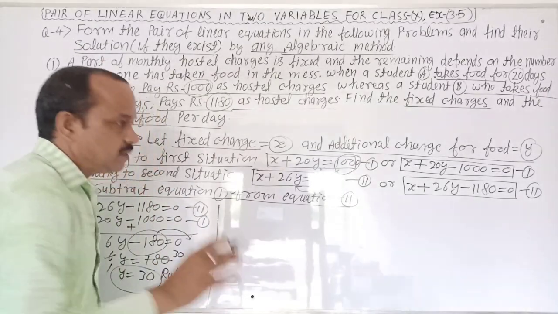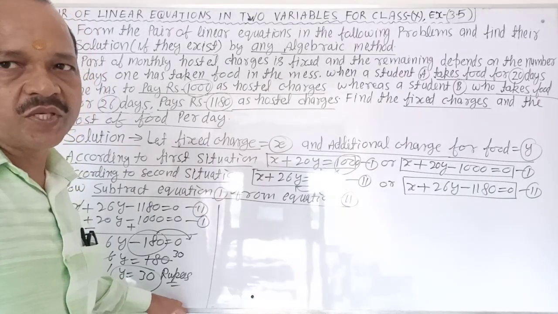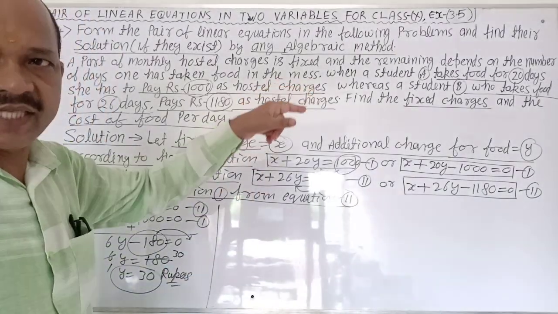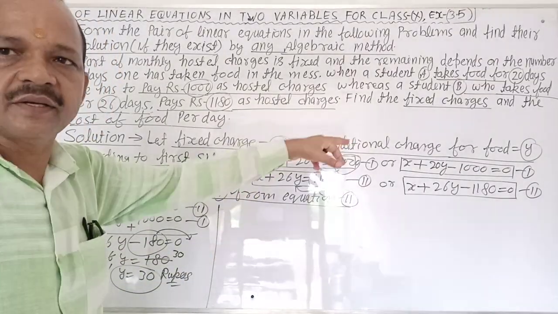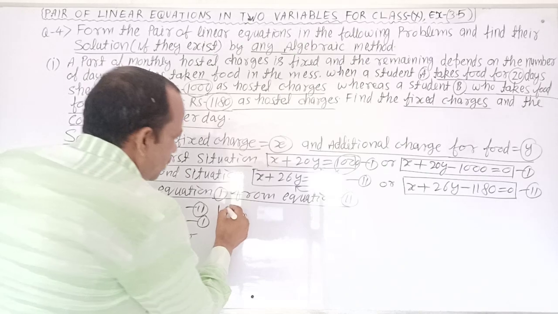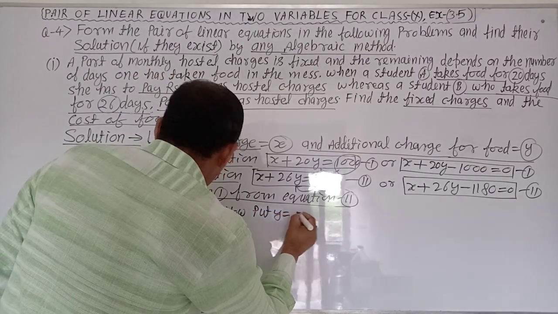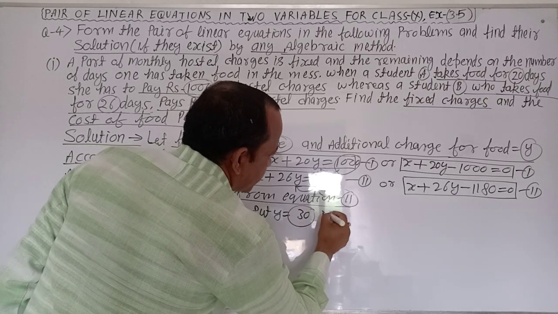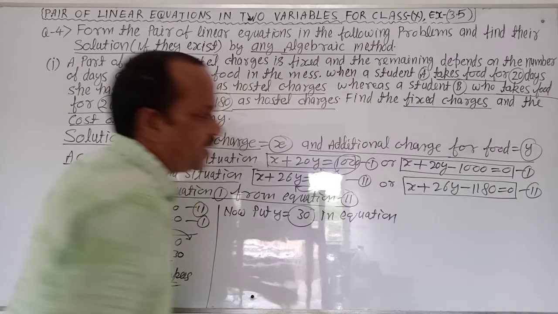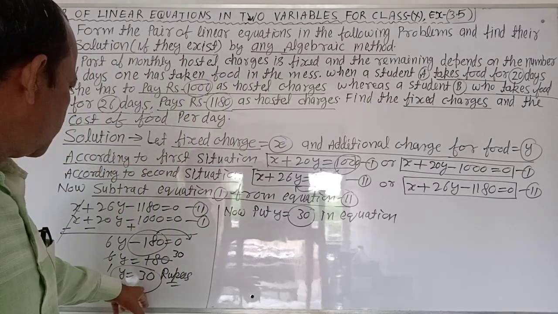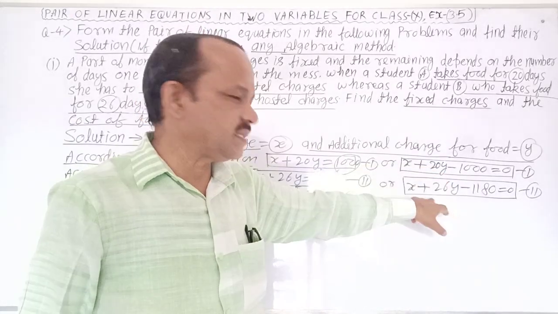It is clear, no confusion about it. Y equal to 30 rupees. It is the additional charges. It means it is the charges of food per day. Clear? Now put y equal to 30 in equation first or second.